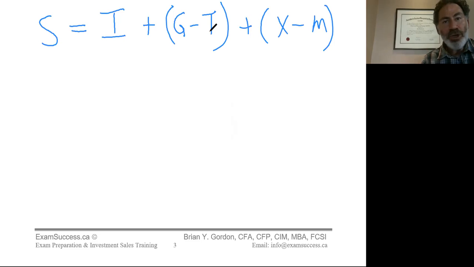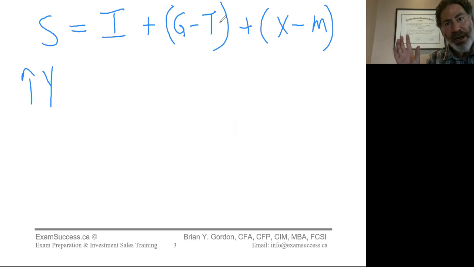Now, a couple of trivial points that I think are coming on this exam. What happens as income rises? As our national income rises, which could trickle down to our individual income, there really isn't any effect on government spending, but taxes are a function of income.